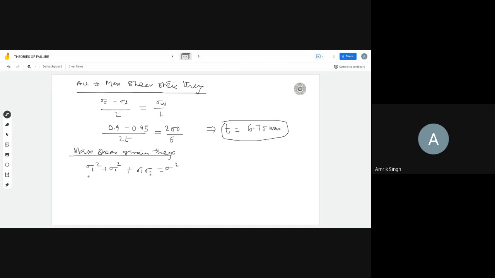So this will be 1 upon t square and 0.9 whole square, first one, plus 0.45 whole square multiplied by, sorry, this will be minus here. This time is minus here.